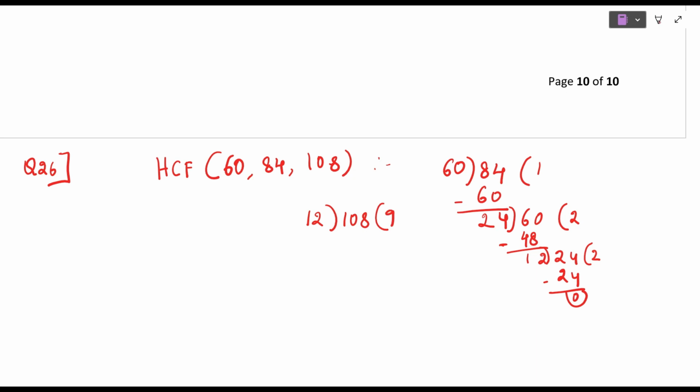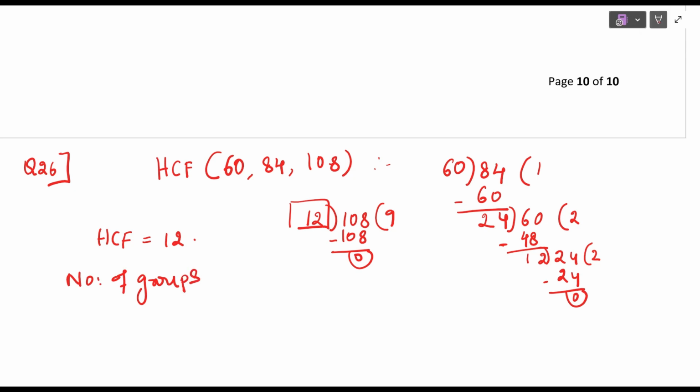So 9 times. So the HCF is 12. Okay, so HCF is equal to 12 students. Now we have to find the number of groups. In music, the number of groups is 60 divided by 12.